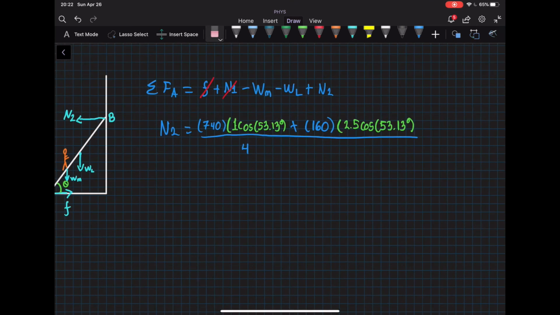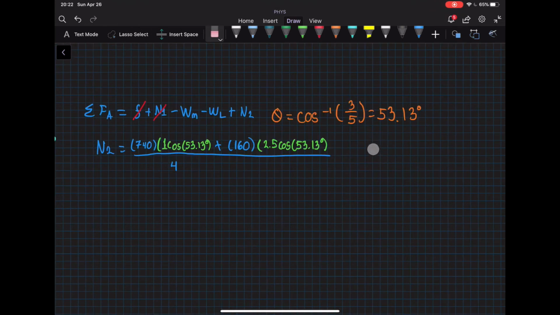To find the angle, I took the cosine inverse of 3 divided by 5 to find this angle. After this, we get that N2 is equal to 171 newtons.